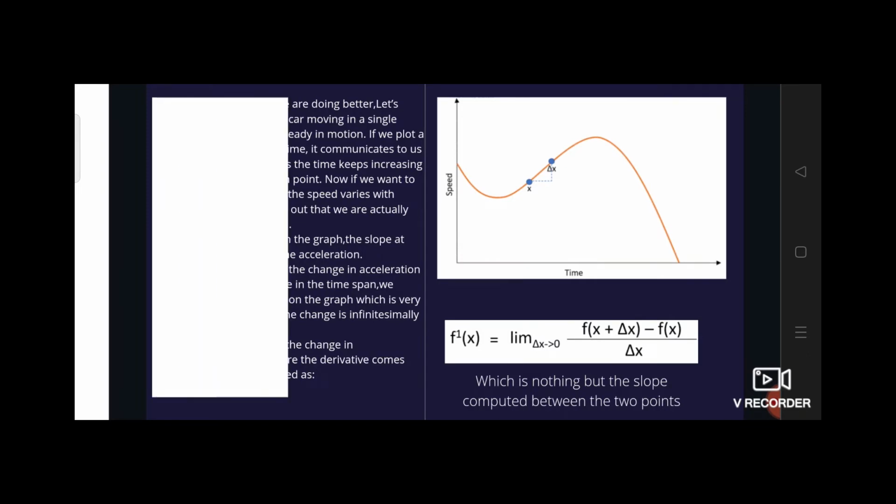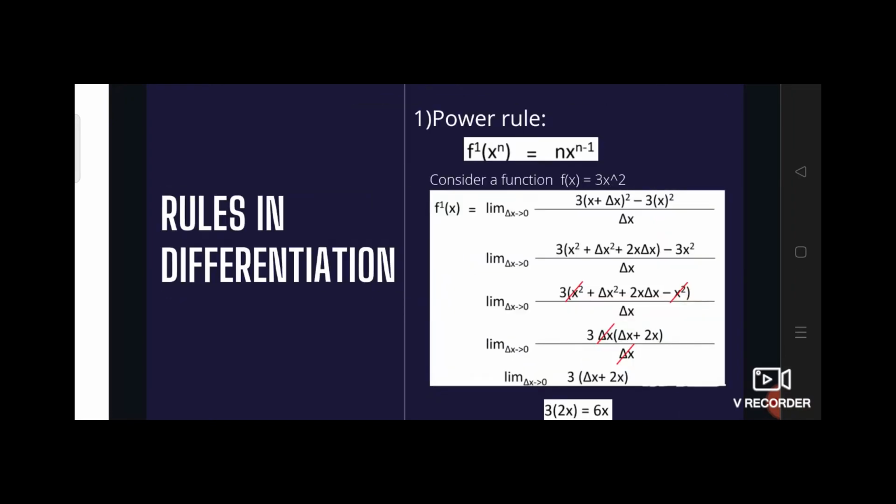So, to work with these, we need to know the math behind. Firstly, let's discuss the rules. 1. Power rule. It says that the derivative of x power n is equal to n into x power n minus 1. This can be proved by using the definition of the derivative which we already saw. We plug in the value x plus delta x in the function which we have and evaluate the expression to yield 6x in this case, where we took 3x square as the function.